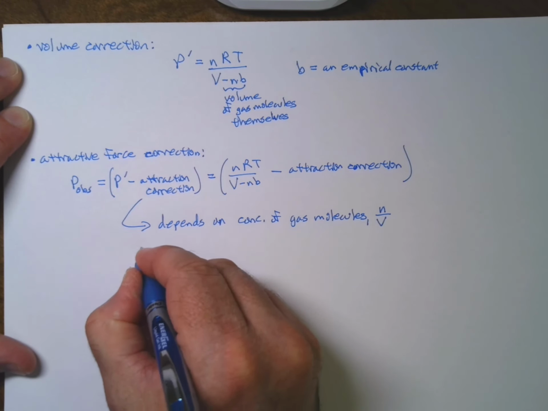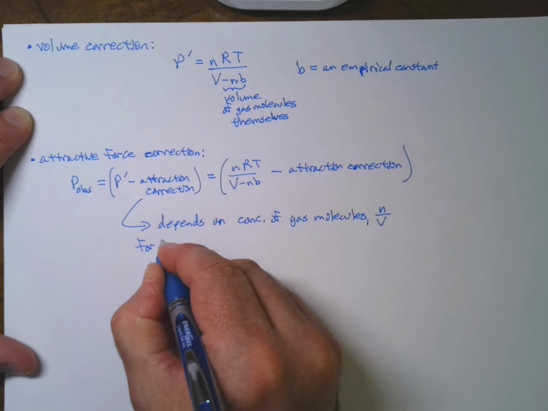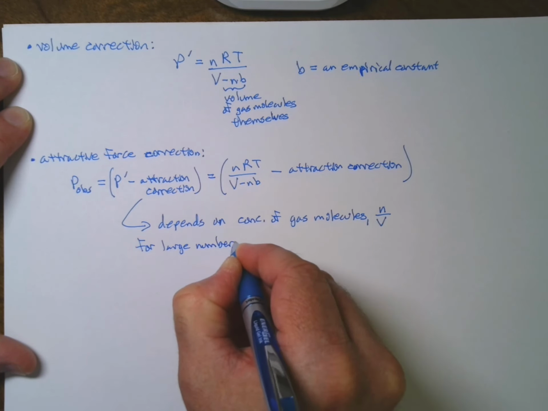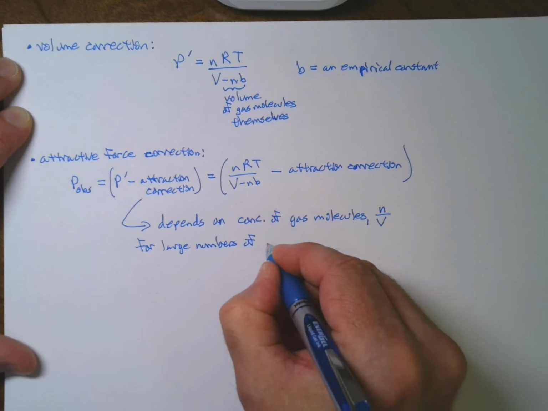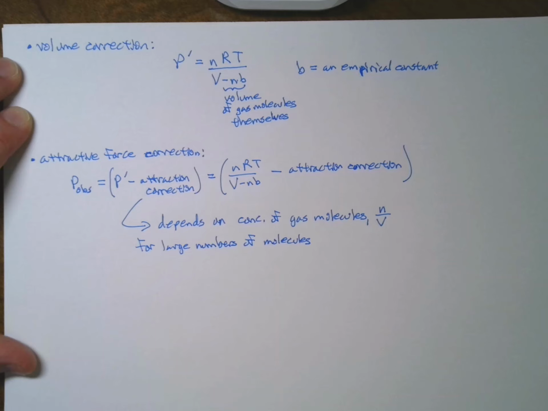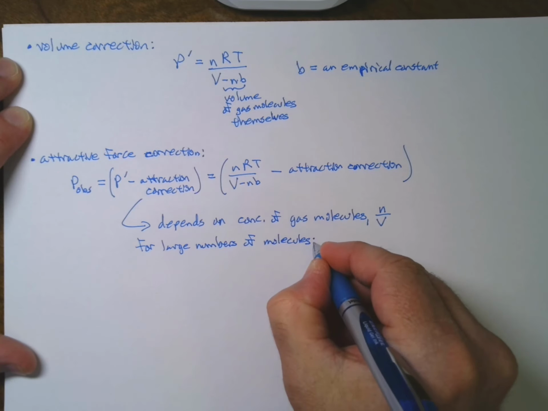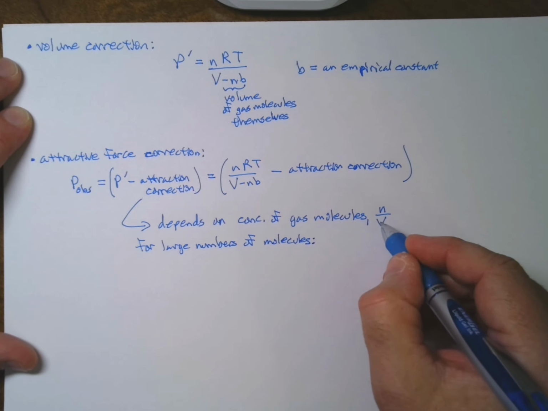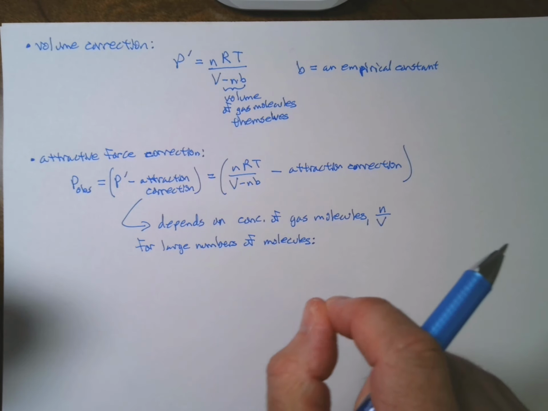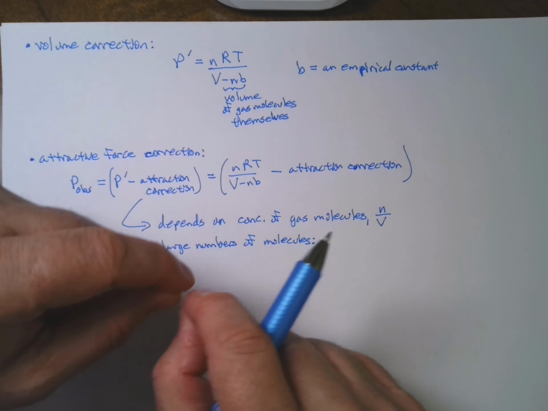For large numbers of molecules, we have to look at the chance of two particles coming close to each other.